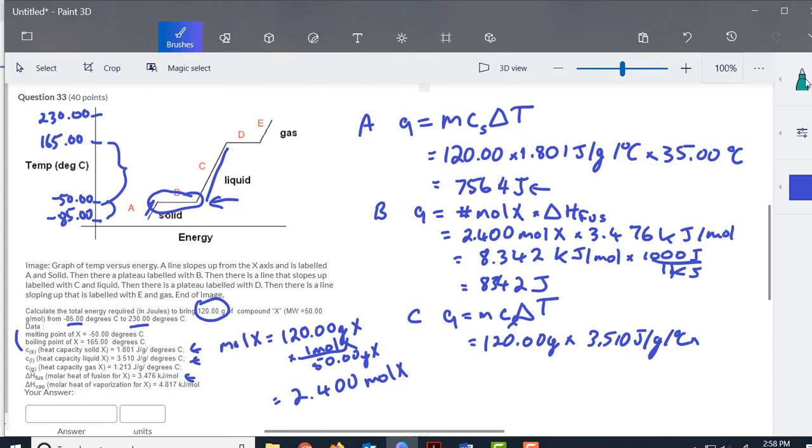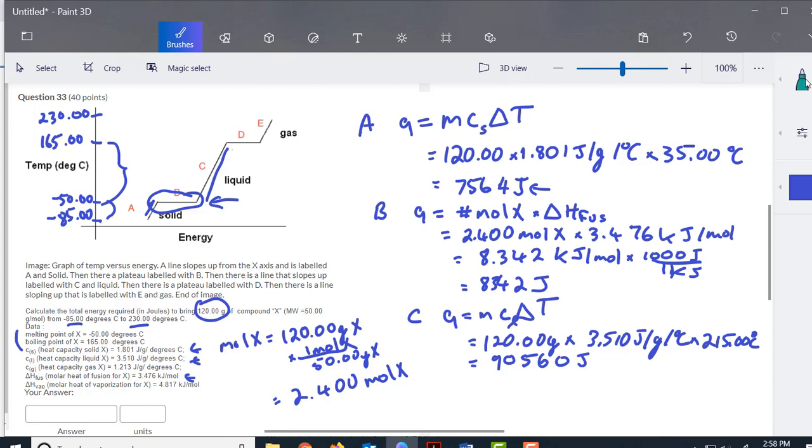So minus 50 up to 165, and the difference there is going to be 215.00 degrees Celsius. That's going to come out to be 9560 joules once we take significant figures into account.